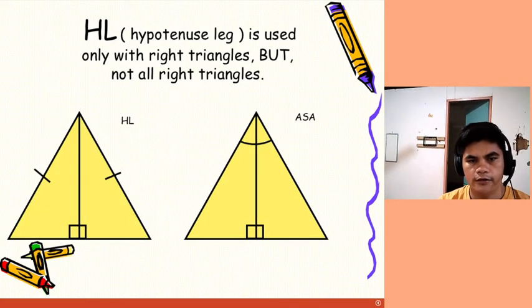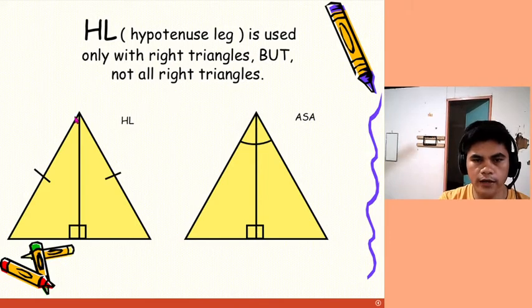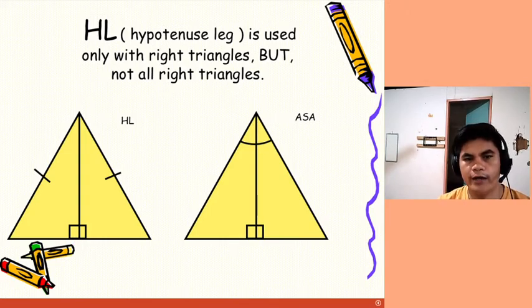Now, hypotenuse leg. Hypotenuse leg is used only with right triangles. But you know what? Not all right triangles. In the hypotenuse leg theorem, when a pair of hypotenuses are congruent and one pair of sides are congruent, then by that postulate we can say that the two triangles are congruent.